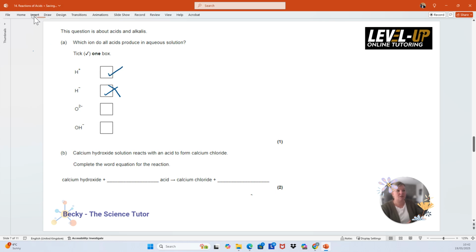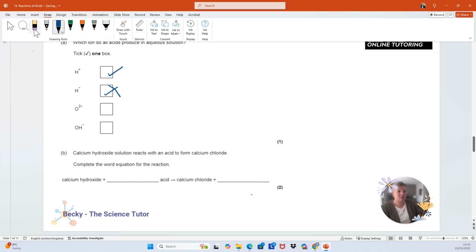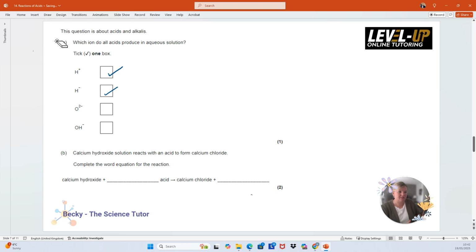Because if you do get yourself in a little bit of a panic and you end up leaving it that way with two tick boxes, you won't gain the mark, even though you have correctly ticked the right box. We could just go through and tick all four. Well, one of them's going to be right. So we have to just make sure that we're really getting rid of that one. Obviously, power of technology, I can just delete my line.